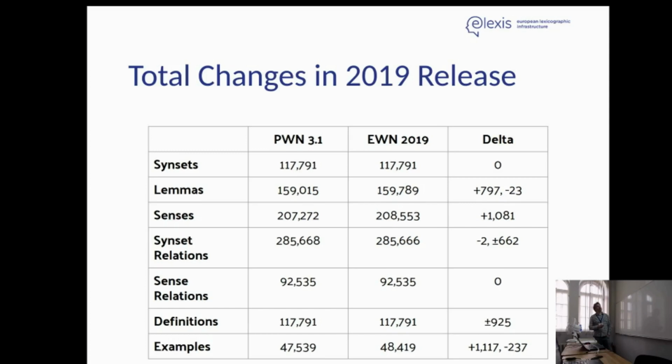We changed 925 definitions, and we changed over 1,000 examples. So, in contrast to the size of it, it's not very different. I mean, nothing radical has changed, but it's a lot of tidying up and a lot of improving stuff around the edges.